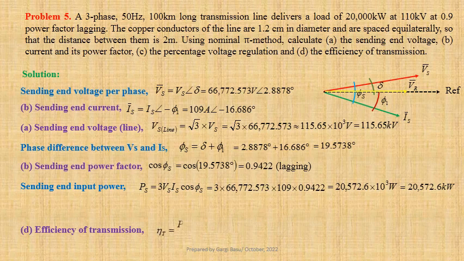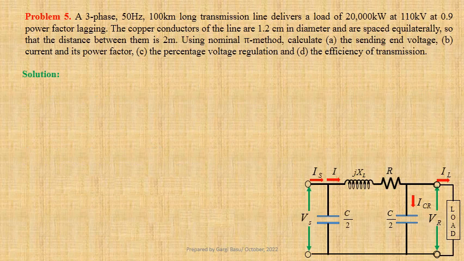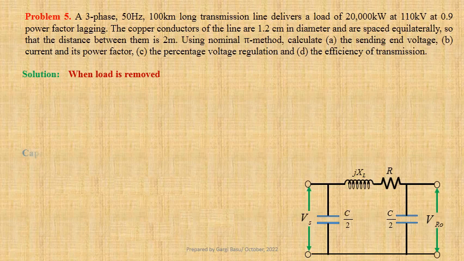Eta T equals PL divided by PS. Given power delivered to the load, PL equals 20,000 kilowatts. Therefore, eta T equals 20,000 divided by 20,572.6. That gives us 0.9722 per unit, or 97.22%.